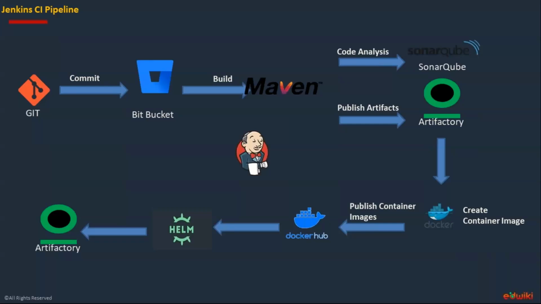I think I have done all of these steps already, manually. I have executed the git clone command to get the source code from the Bitbucket repository. I installed Maven. I ran the Maven command to do the build process. I ran the Maven Sonar command to do the Sonar analysis, then pushed to the Artifactory.